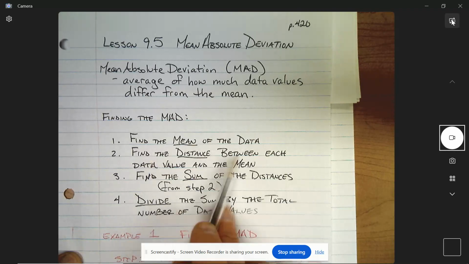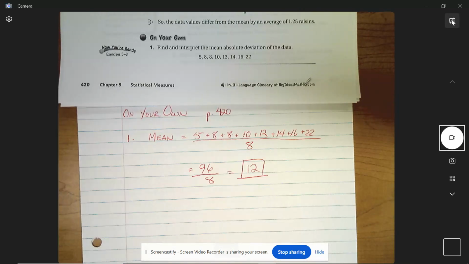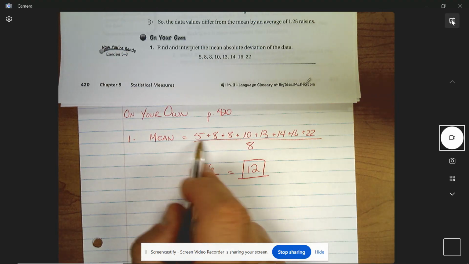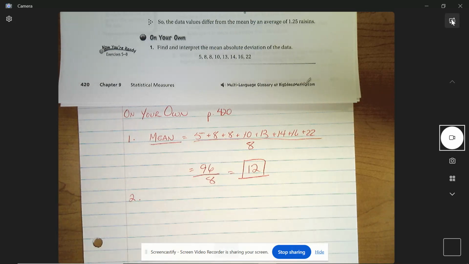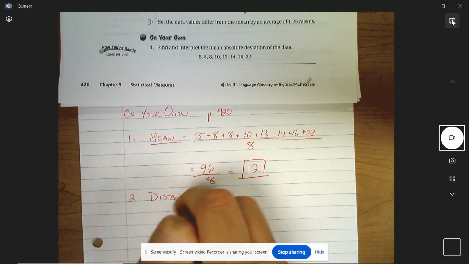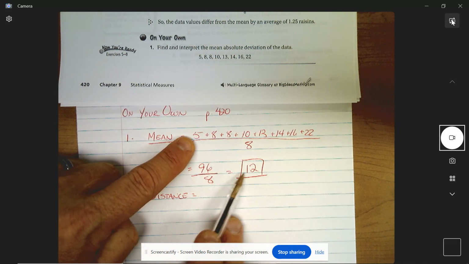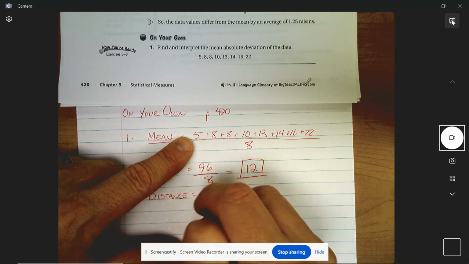Step 2, find the distance between the data value and the mean. So each point, this is step 2. There's our mean. Now we're going to find the distance of each number. The distance from 12 to 5 is 7.